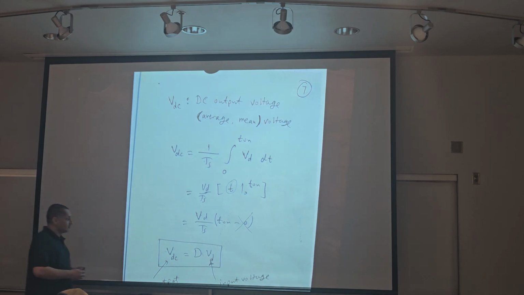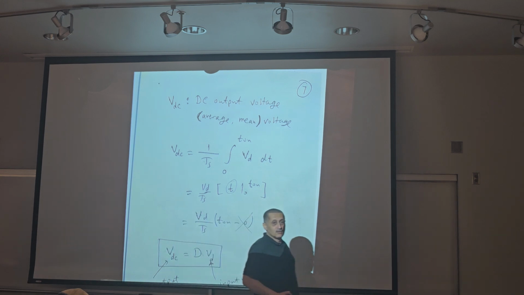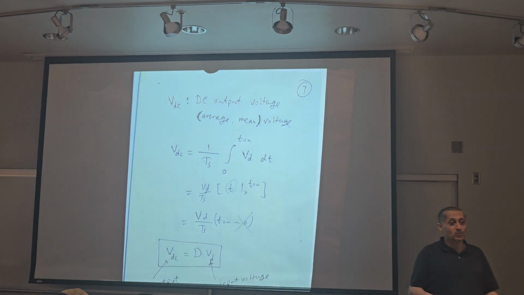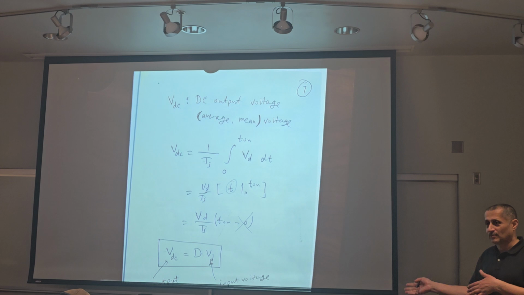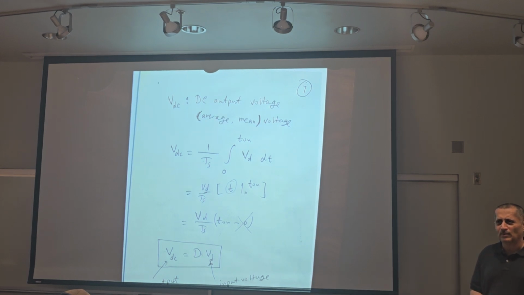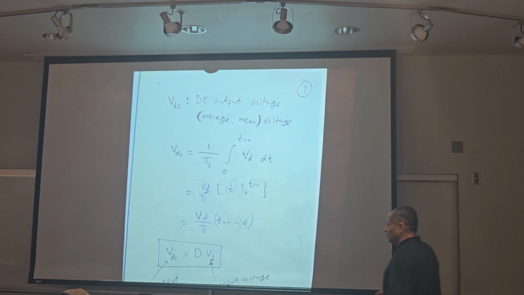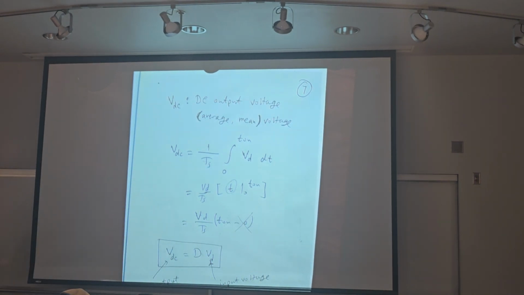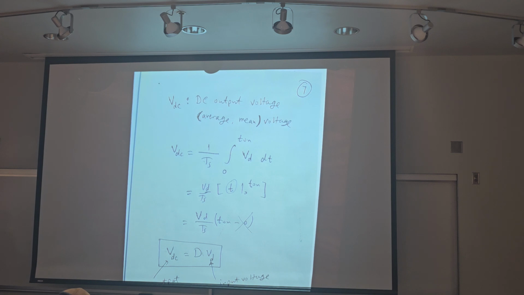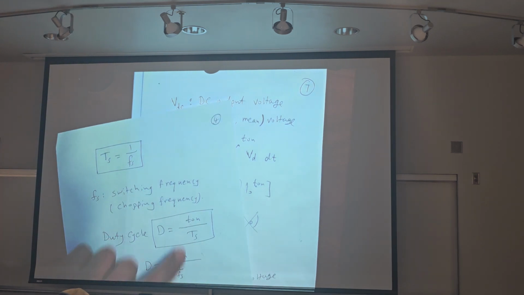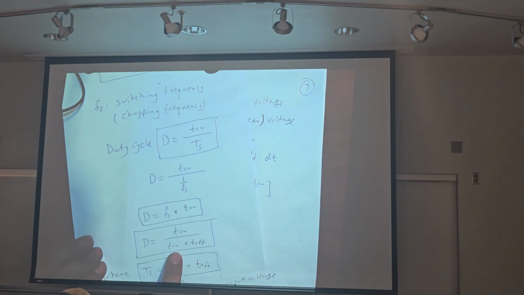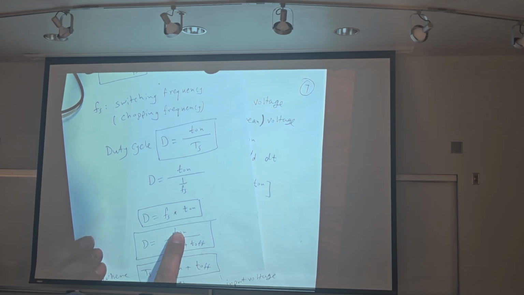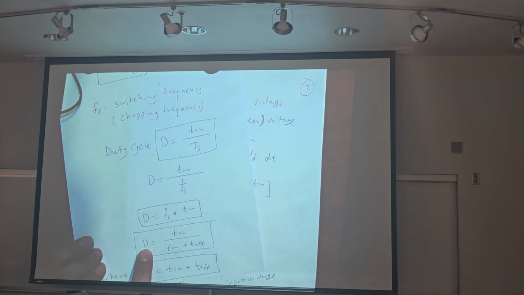The duty cycle ranges between 0 and 1. Why? We define the duty cycle as T on to TS. If T on is 0, then 0 divided by TS gives duty cycle 0.